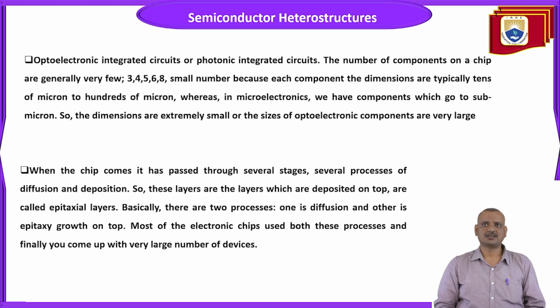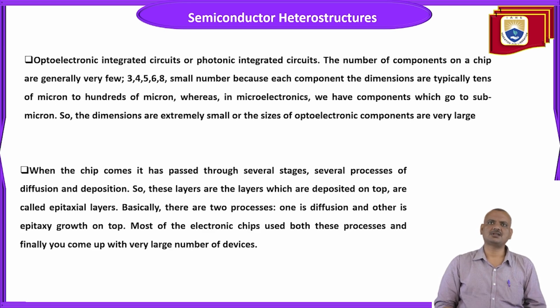photonic integrated circuit, the number of components on the chip is generally very few, up to 3 to 8, a small number, because for each component the dimensions are typically 10 to hundreds of microns, like 20 micron, 80 micron to 100 micron. Whereas in microelectronics, we have components which go to the sub-micron region.